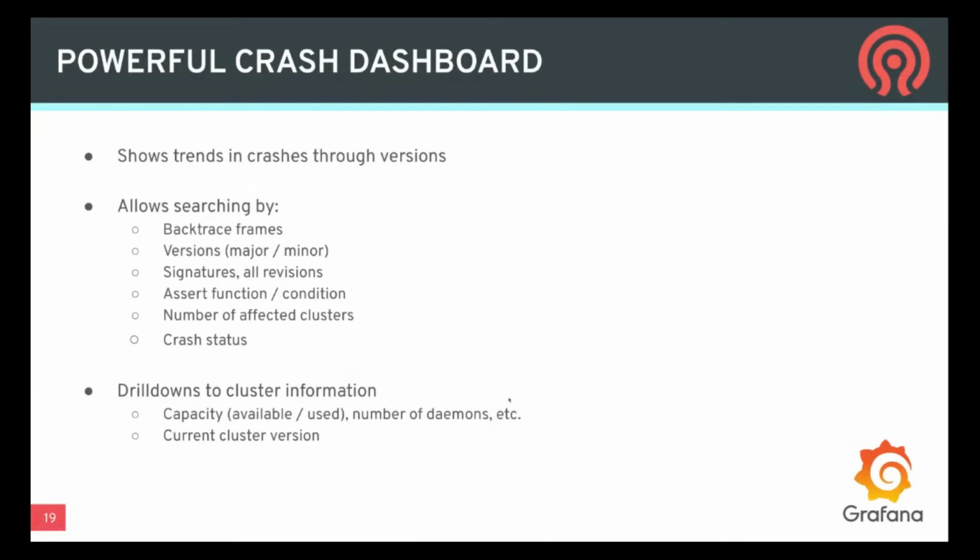And it allows a drill down to cluster information, as I mentioned earlier, if you want to take a look at how big the clusters that experience a certain crash are, what versions they are currently, and so on.